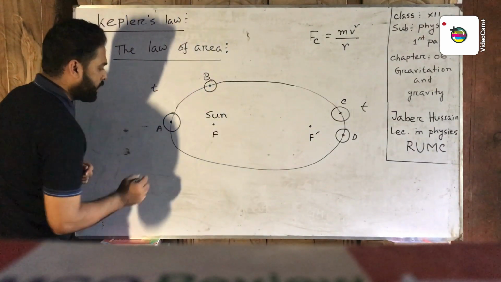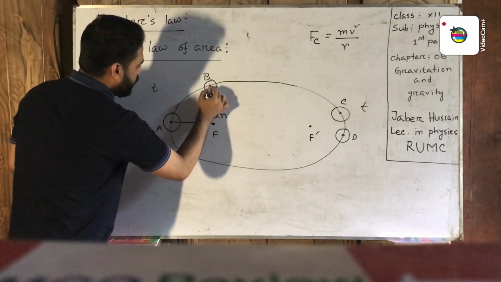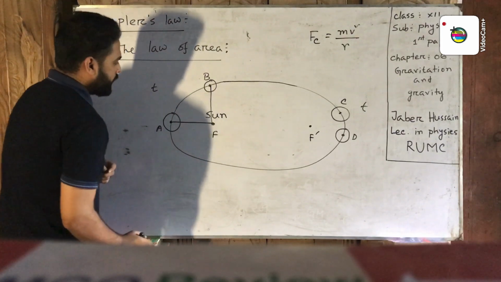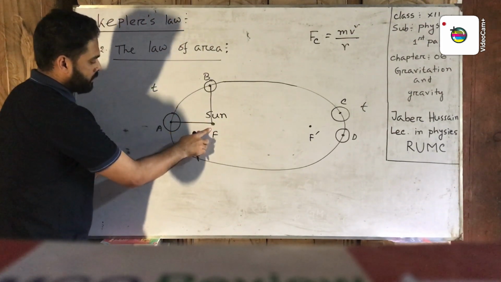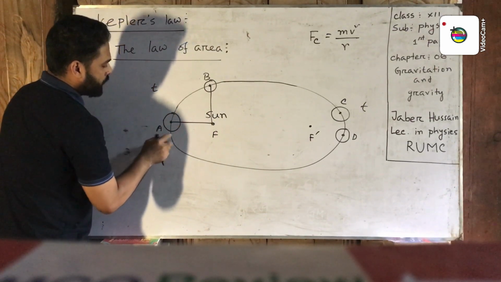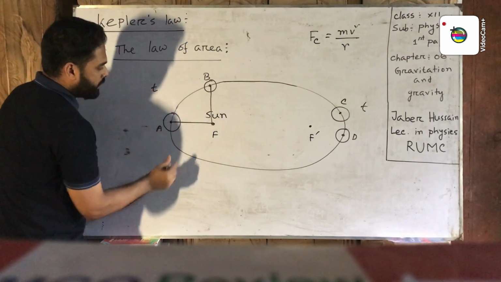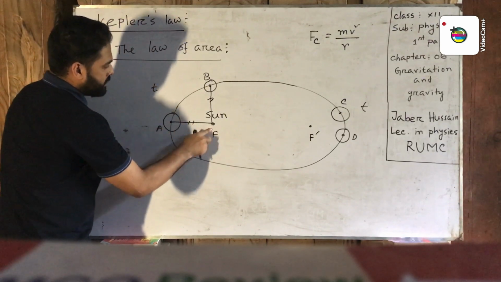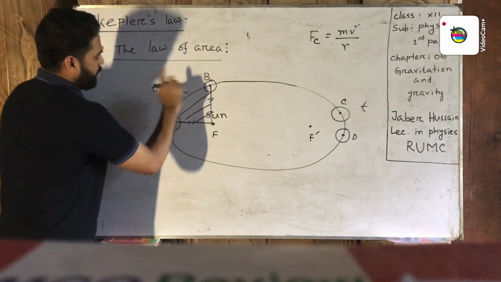Now, at the point A, the joining line is AF. At the point B, the joining line is BF. The area covered by the joining line between planet and sun is AFB.